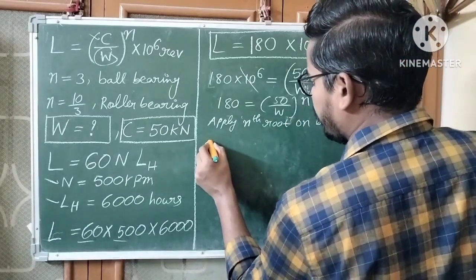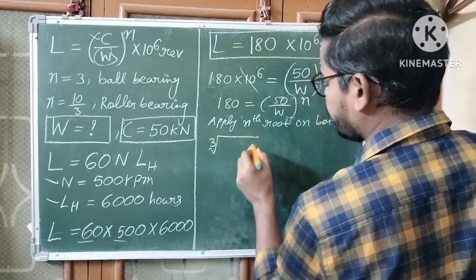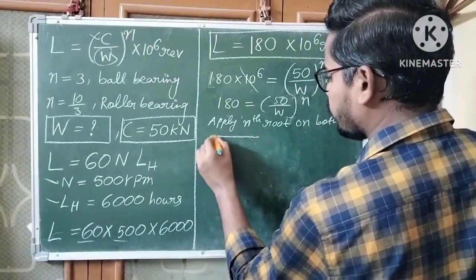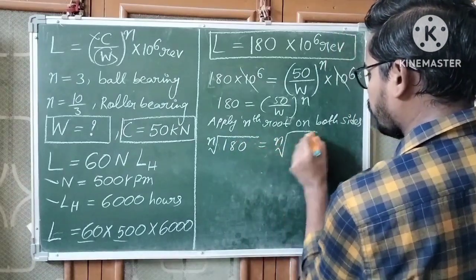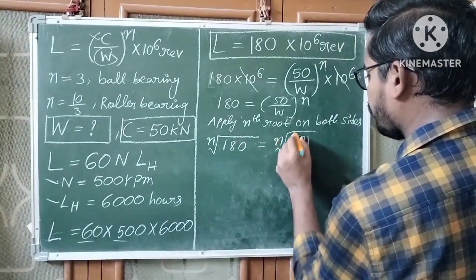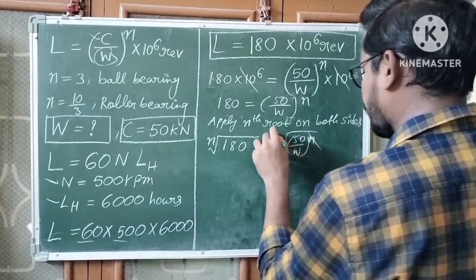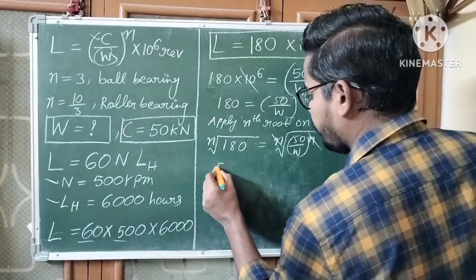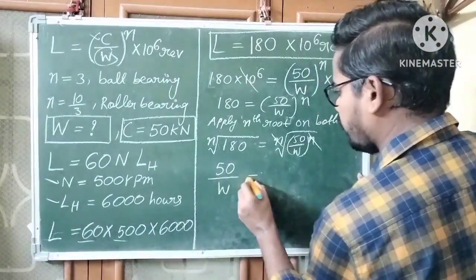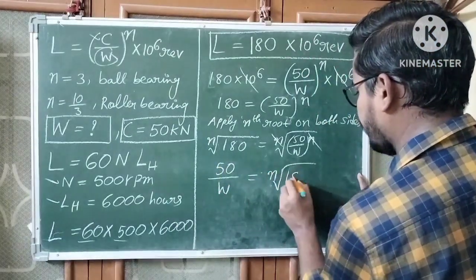The nth root of 180 is equal to the nth root of (50 by W) whole power n. The nth root and n get cancelled, and you will get 50 by W is equal to the nth root of 180.